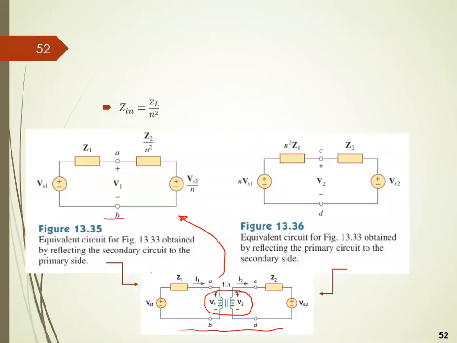Okay. On the other side, if we decide to reflect the primary circuit to the secondary side, then we multiply the sources by N, and we multiply the impedance by N squared. And that's all there is to it.